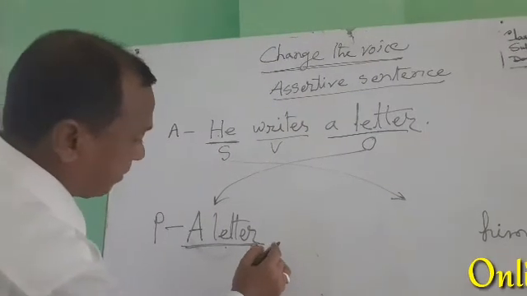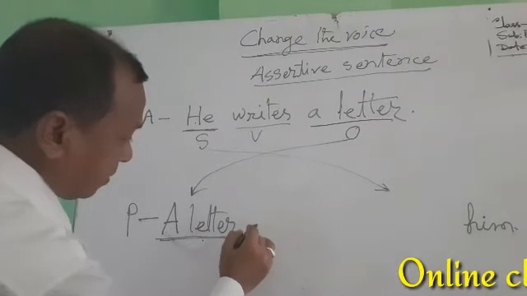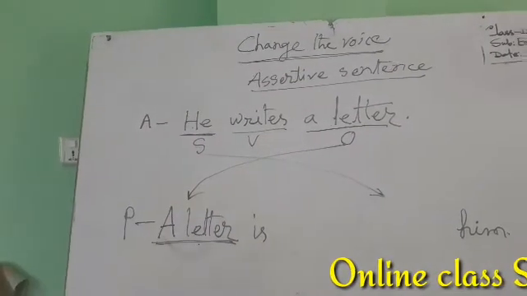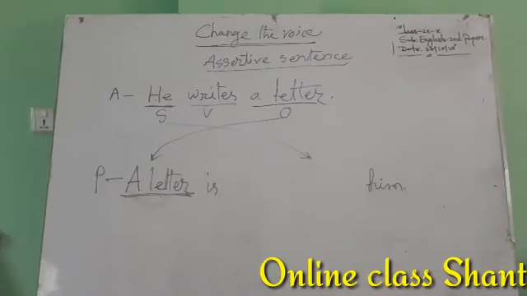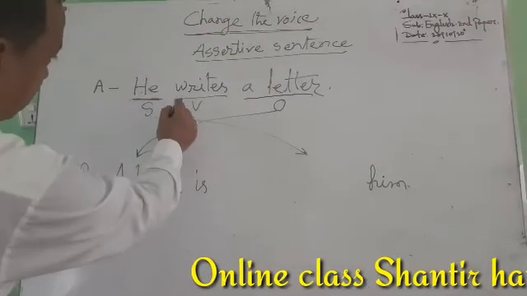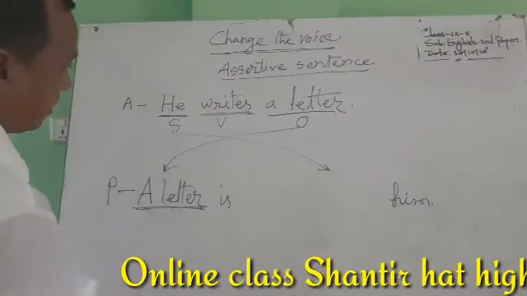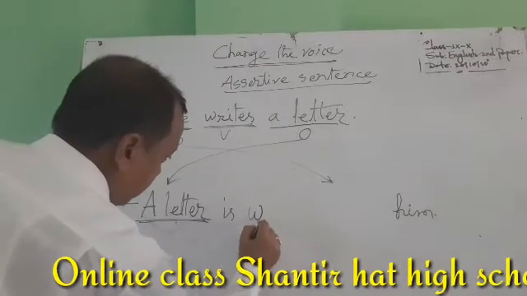We use helping verb is. Am, is, are. So we use is. Then 4th step, we convert the main verb to verb 3: write, wrote, writing, or written.